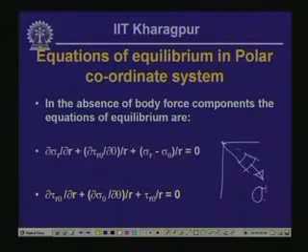The radial direction stress is sigma r, the circumferential stress is sigma theta, and consequently we have the shearing stress component tau r theta.